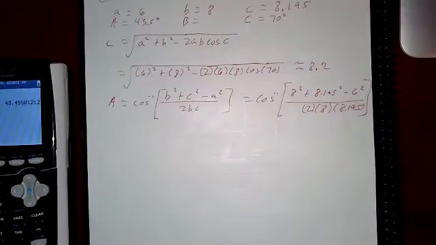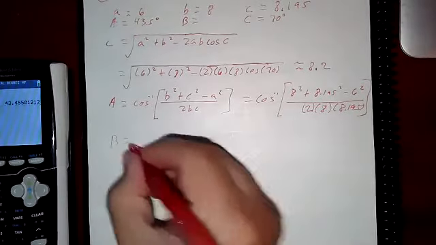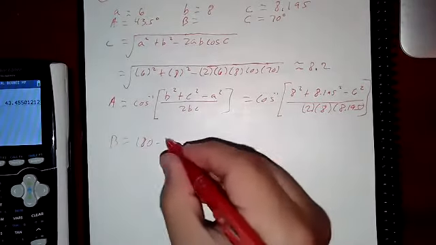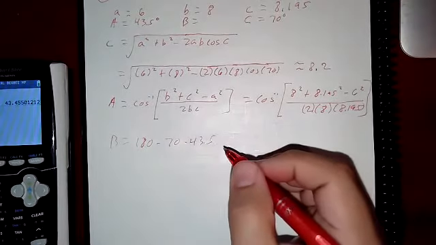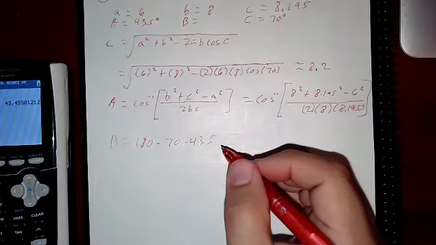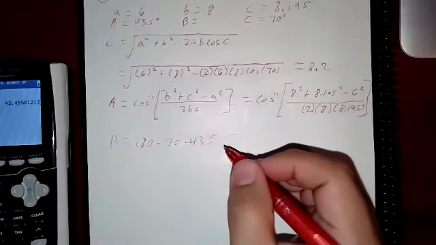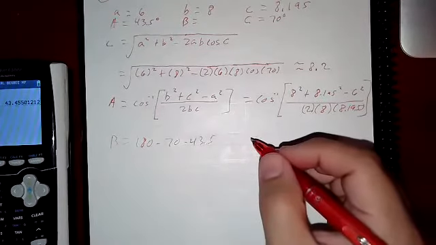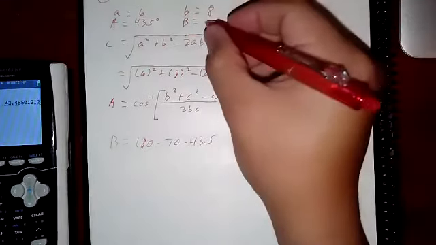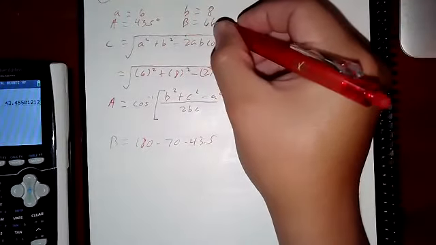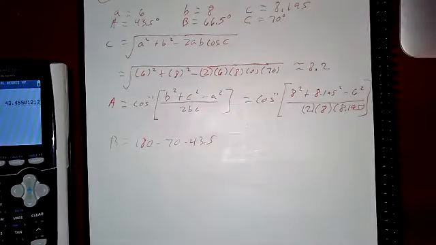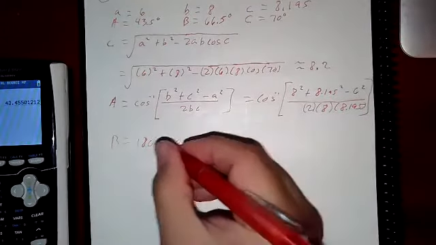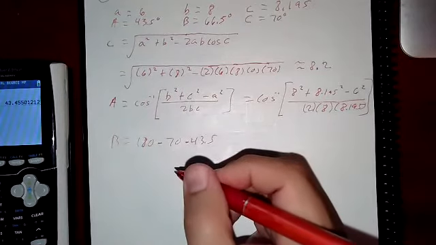Now that we have A, we can find B. B is equal to 180 minus 70 minus 43.5, which should be 66. Any questions on number 6?